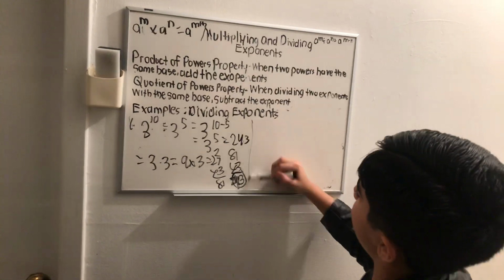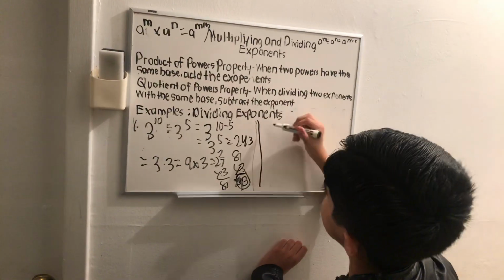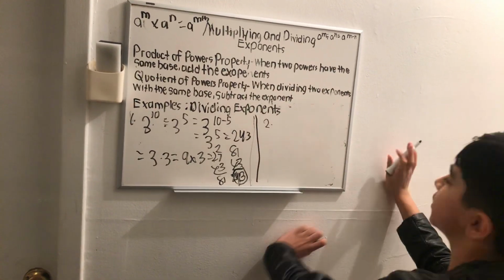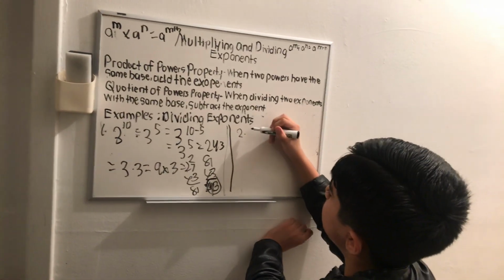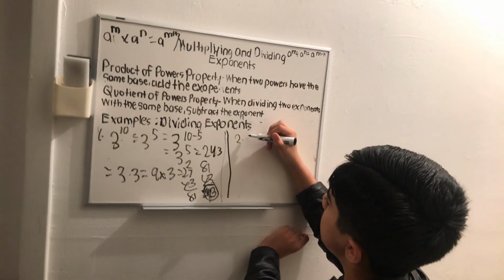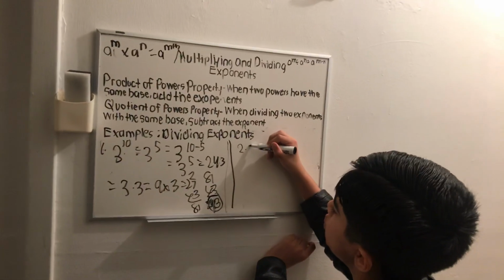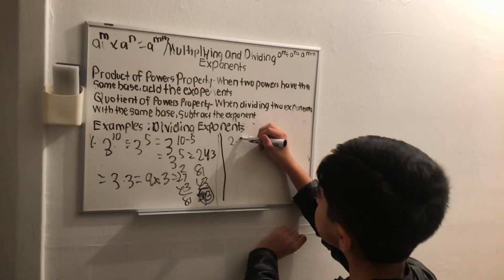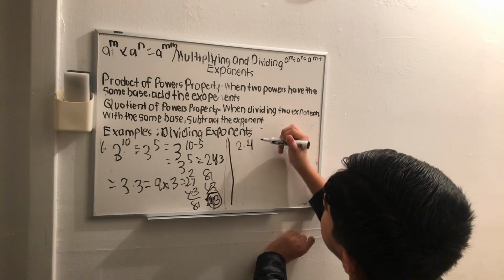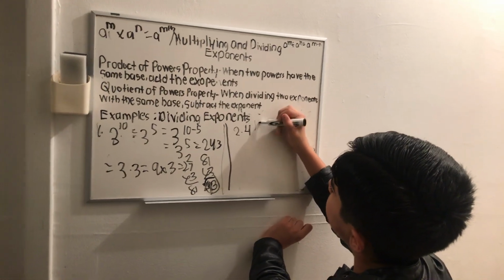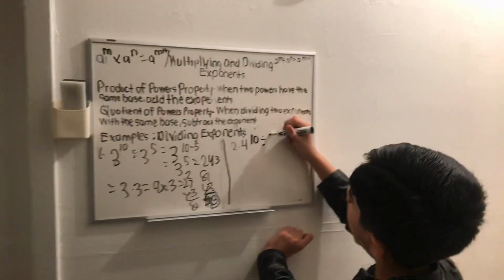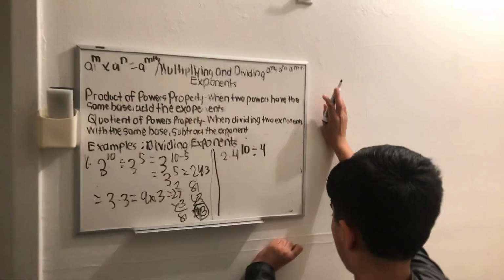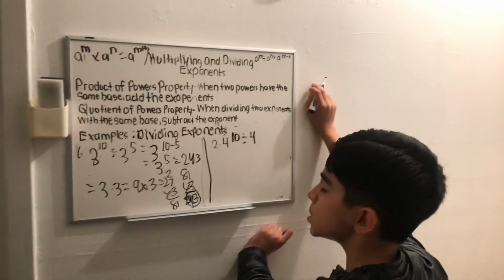Let's take a look at another example. Let's do 4 to the power of 10 divided by 4 to the power of 6.